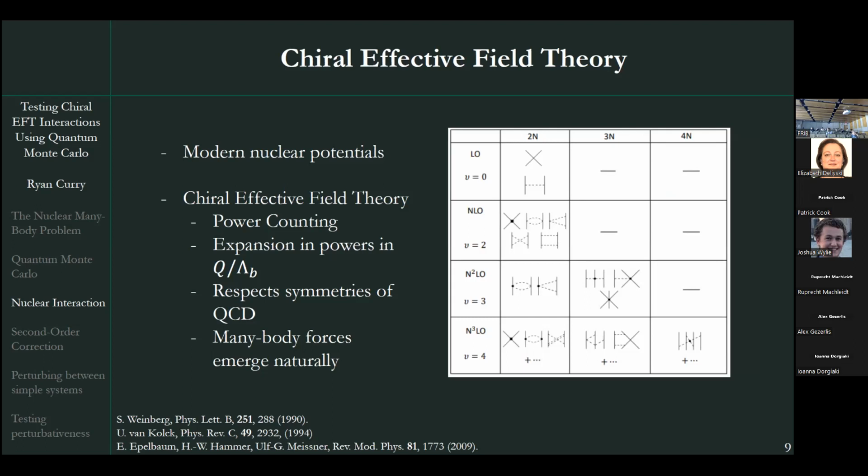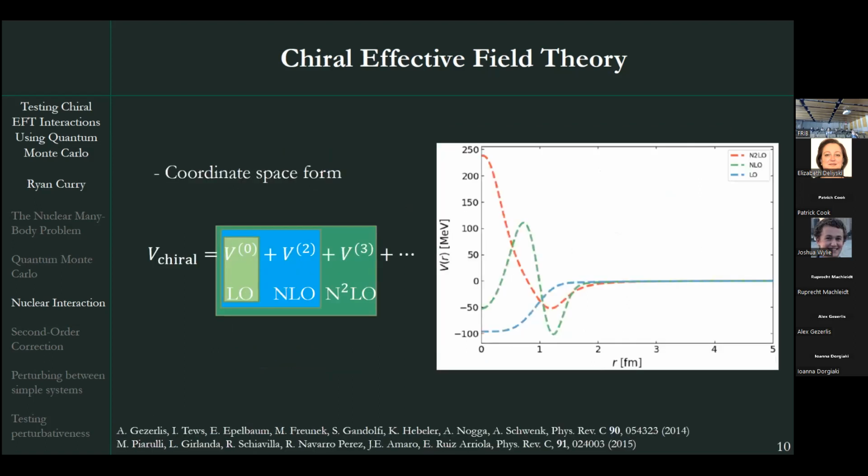One of the other ways that it really represents an improvement over something like an Argonne AV18 is that the many-body forces emerge naturally through the power counting process. You don't have to add in the three-body forces, they come out naturally. And so in the last 10 years, there are now local forms of these potentials that can be used in quantum Monte Carlo.